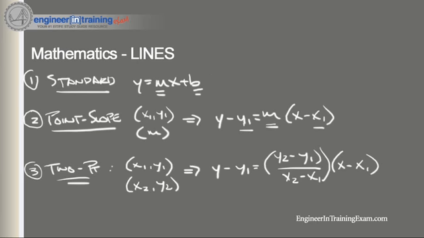So let's look at a quick example here. Let's say that we have a problem and we're given 2 points. Let's say that those points are -2, 1, and 1, 2. Let's say that we want to find or define this line given the 2-point form.